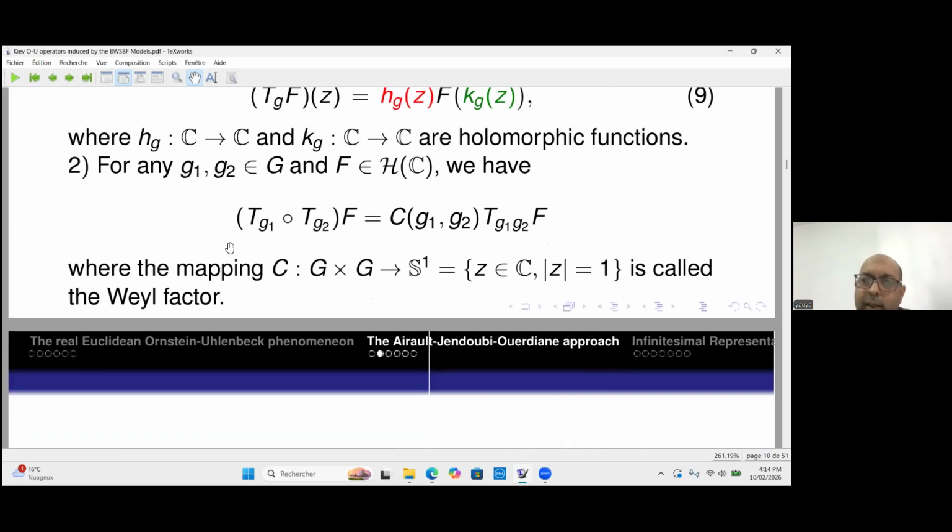If it satisfies condition 2, it is called a Weyl representation, or in quantum physics sometimes a projective representation. That is, the composition T_g1 T_g2 is a scalar constant depending on the group, multiplied by T_{g1g2}, where g1g2 is the product in the group, and the map c takes values in the unit circle of C.